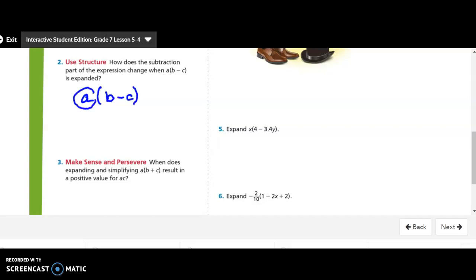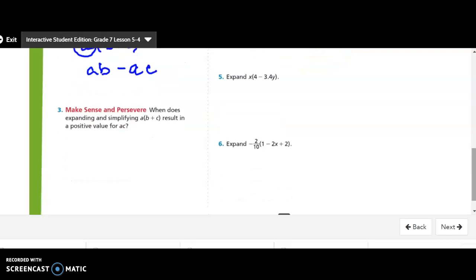A is my bomb, and it's okay that it's not a number. We still do the math the same. We're still going to take the thing outside and multiply in. And so we'll end up with A times B minus, the minus stays the same, A times C. Okay.